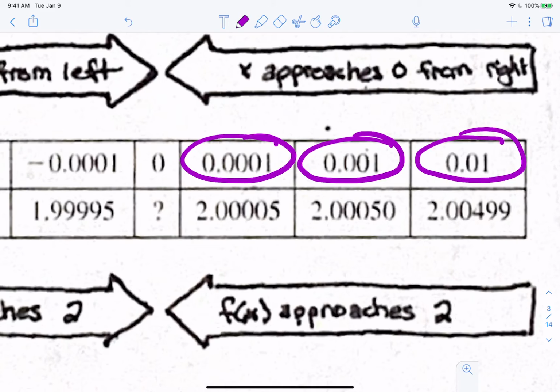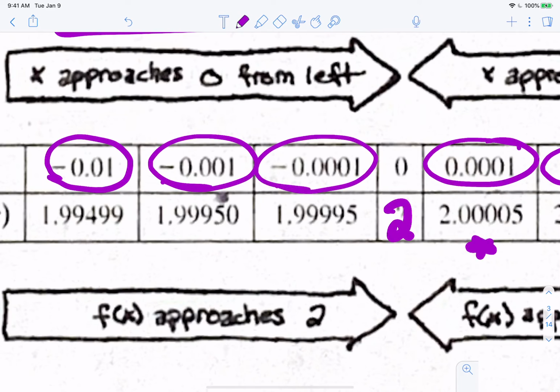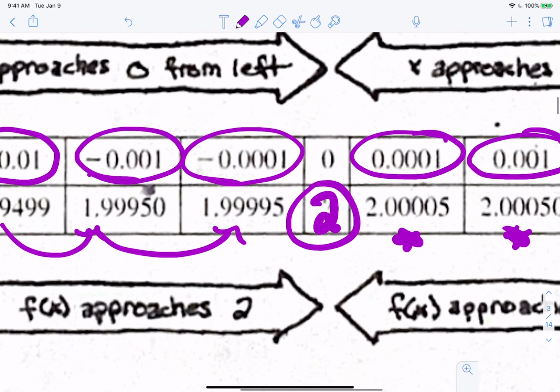And when I plug those numbers in, I get this guy, and this guy, and this guy, and those numbers look like they are approaching a value of 2. And on the left side, I plug in negative numbers like negative 0.01, and negative 0.001 and negative 0.00001. And those numbers are also approaching a y-coordinate of 2. So I say that if I were to be able to plug in 0, I'm not, but if I could, it would have a y-coordinate of 2.